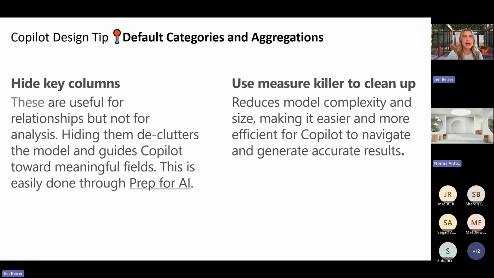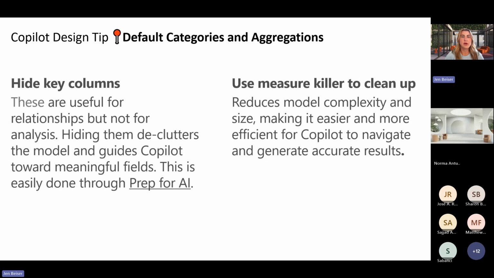Next, default categories and aggregations. Ooh, I used the wrong title for this one. So the first one is to hide the key columns. The key columns are used to tie your fact tables to your dimension tables, but they're rarely used for analysis. It's good to hide them. First of all, it declutters the model and it makes it an easier experience for the end user.